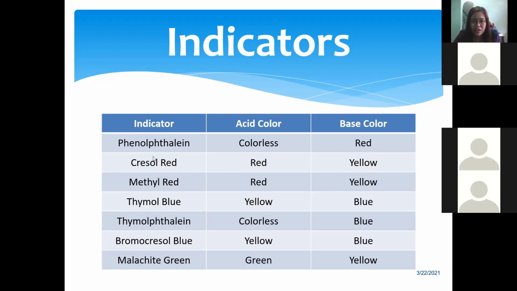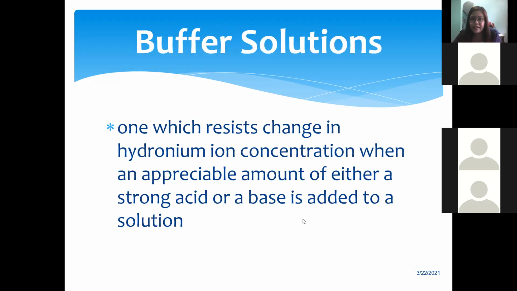Cresol red is red in acid and automatically yellow in base. Methyl red is red in acid, and its partner is yellow. Bromocresol blue is reversed, because its blue is the basic color, but it is the same thing, yellow is still its partner.